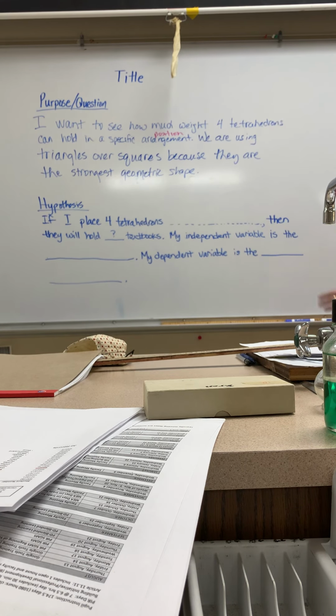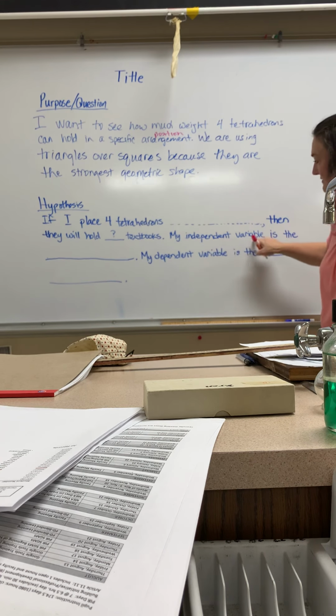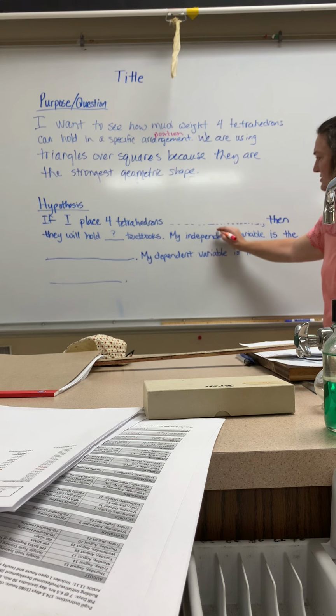So on the handout that you will have once you get this video, with the rubric that I just showed you, on that sheet where it says independent variable, you should write IV here.